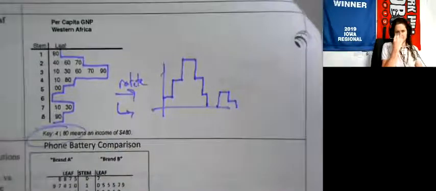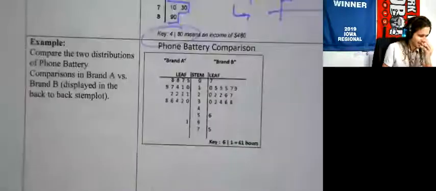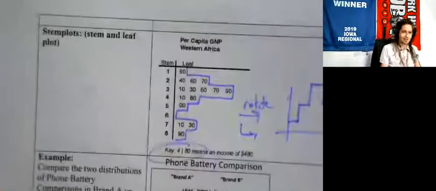So you can rotate and you can see the shape if you kind of turn it in your mind. So stem and leaf plots are silly, I think.